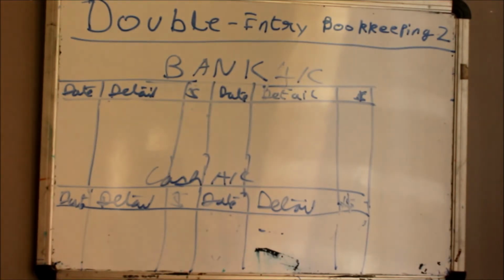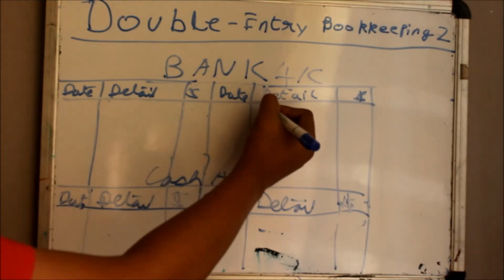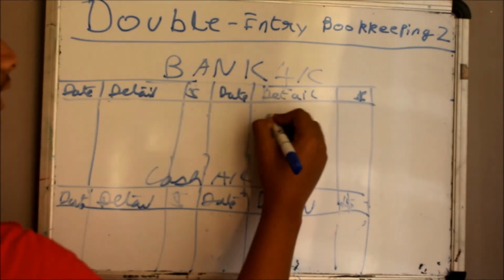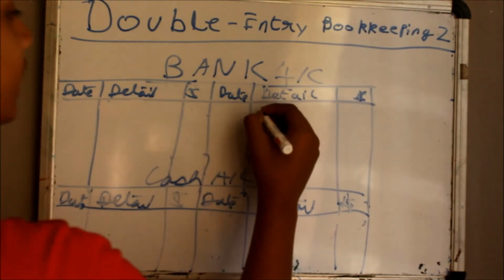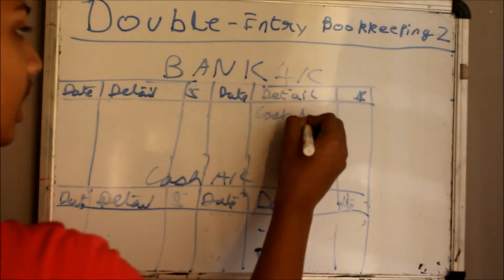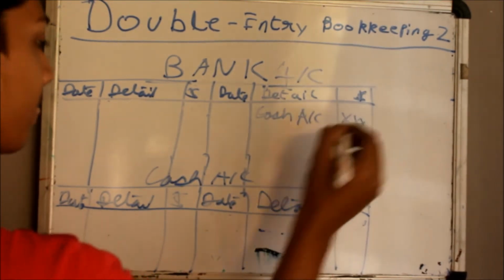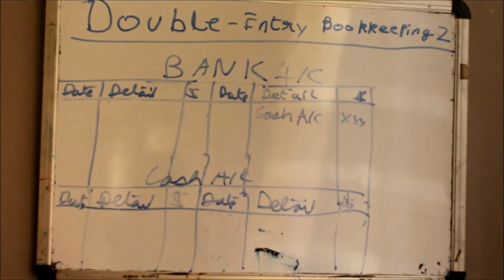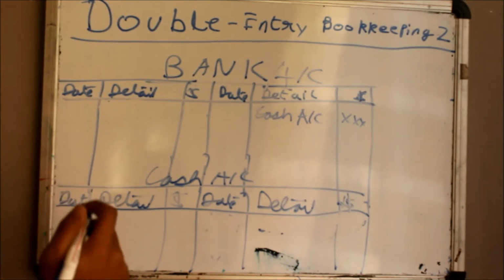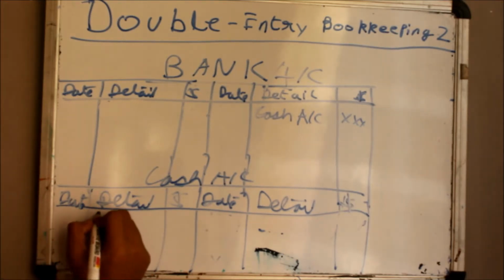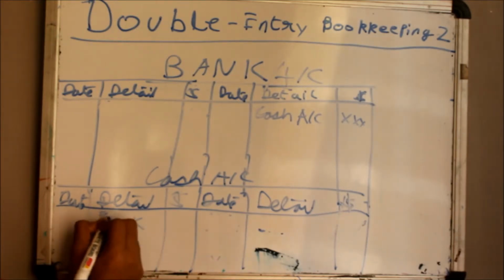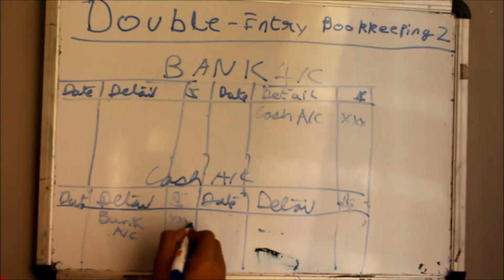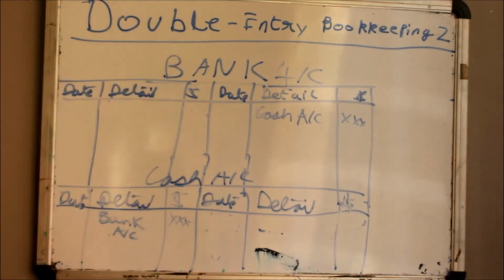So when cash is withdrawn from the bank for office use, on the credit side of the bank account we're going to write cash account, the amount over here, and we are going to write bank account over here, because the cash account is withdrawing money from the bank in the form of cash.